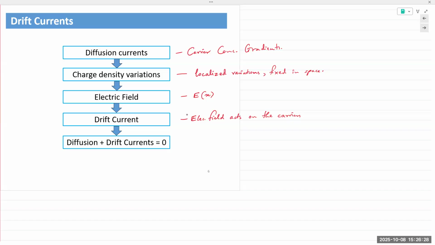And so, as stated previously, the movement of charge carriers in response to an applied electric field results in a current. That current is known as the drift current. Okay, so the electric field gives rise to a drift current, and the drift current plus diffusion current results in 0.